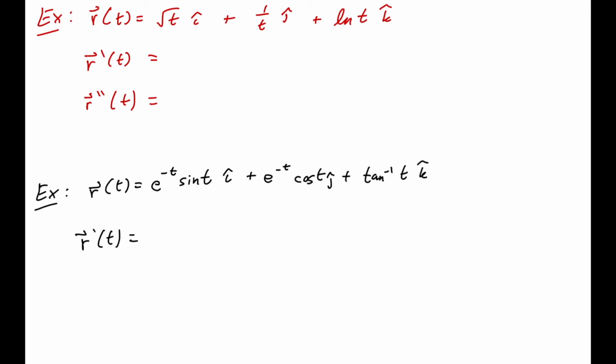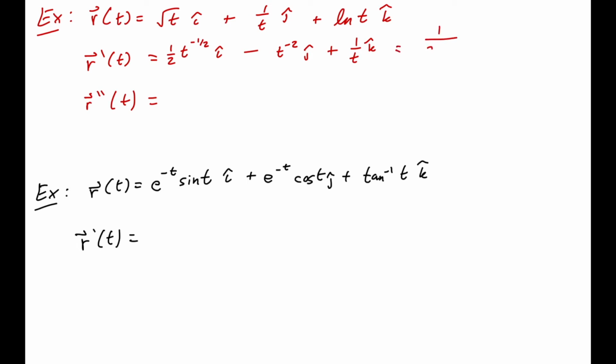In general, it's best to leave this as a power rule, especially if we're going to differentiate again, which we know we are. Negative 1 t to the negative 2 in the j component. And a lot of times we would write that as just minus plus 1 over t in the k component.